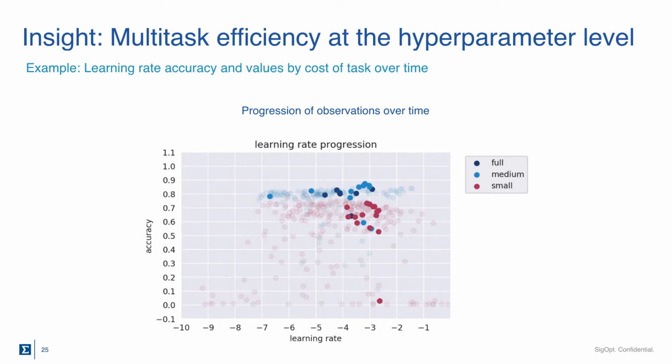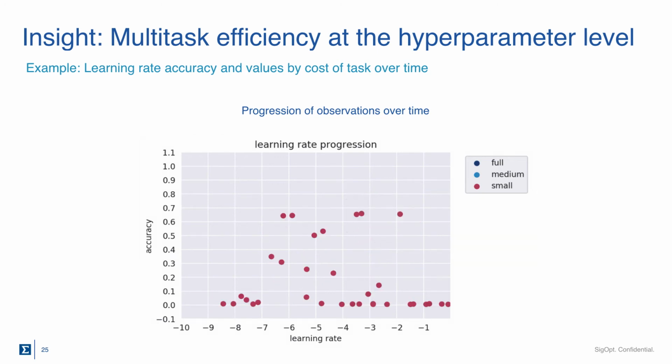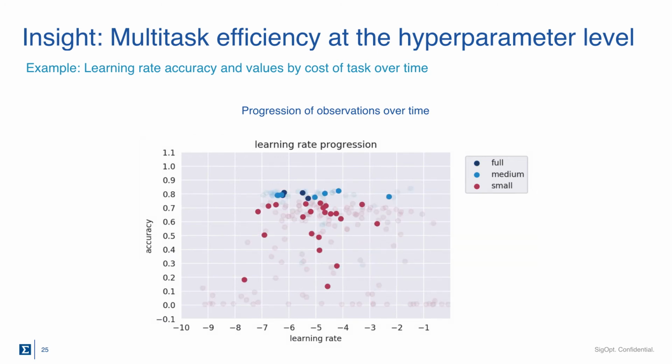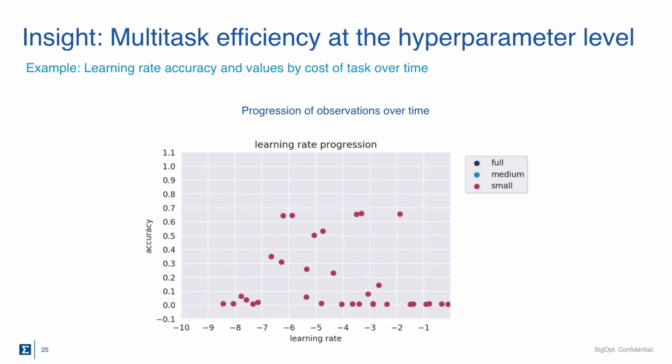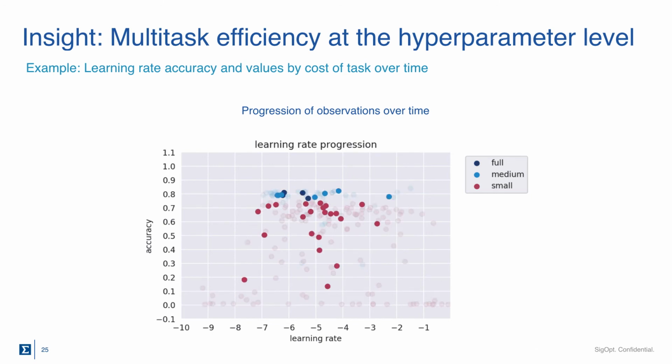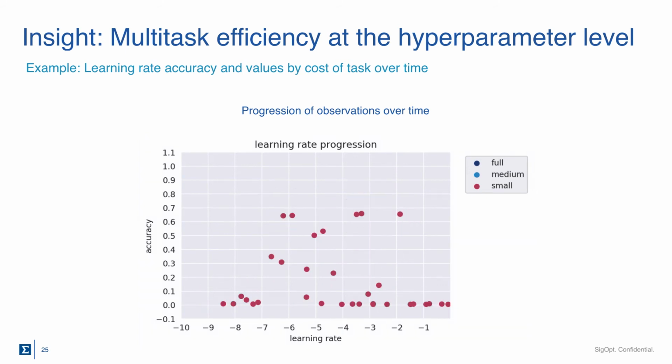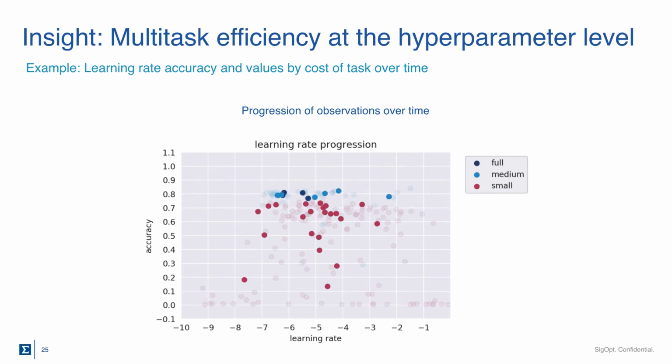Specifically, in the beginning, we see a bunch of small tasks sampling across the whole space to figure out where the model performs better, followed by medium cost tasks being peppered in to validate and vet stronger areas of the hyperparameter space, and at the end we see a handful of full cost tasks really zoning in on a specific area of the hyperparameter space that really works for the model.